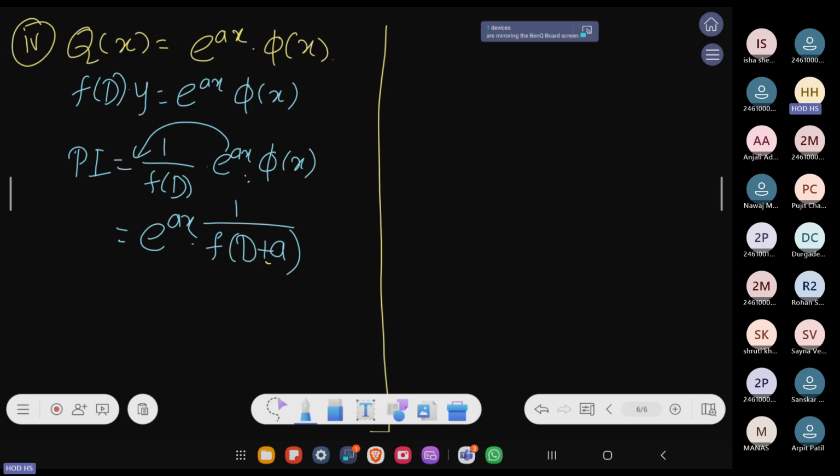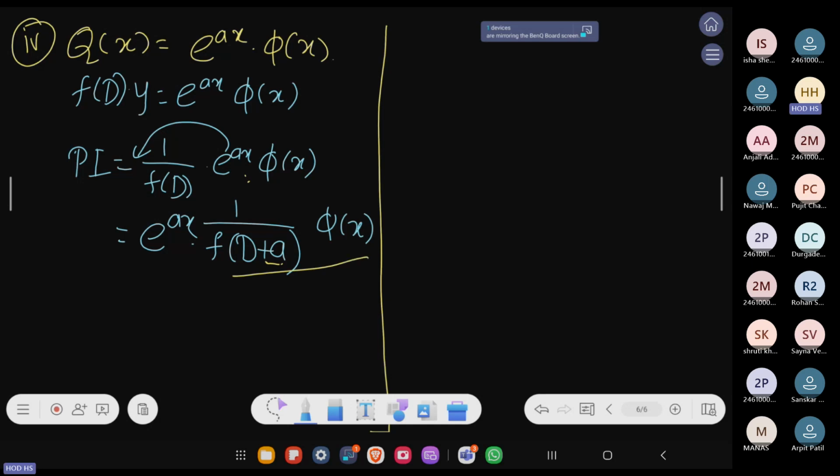So I need to pay this plus a charge on phi of x, and the rest can be calculated. This e to the power ax is now outside the operator, so we don't need to do any integration, differentiation, anything. We have to operate on the rest.